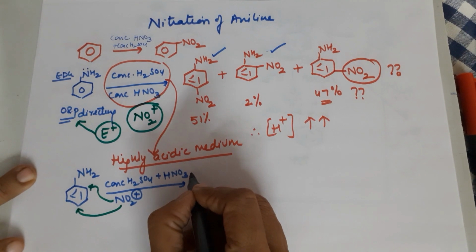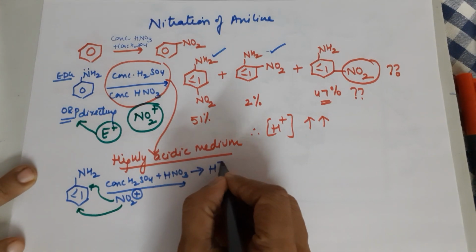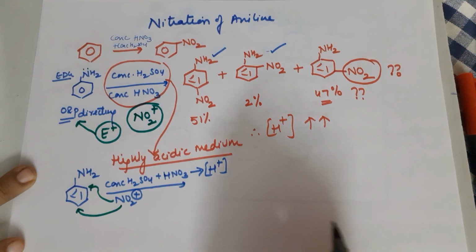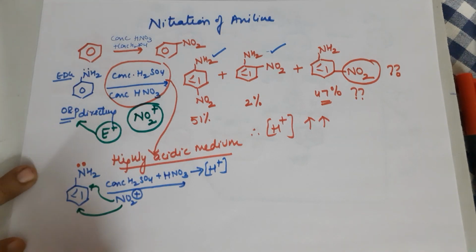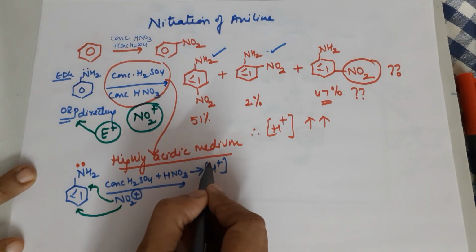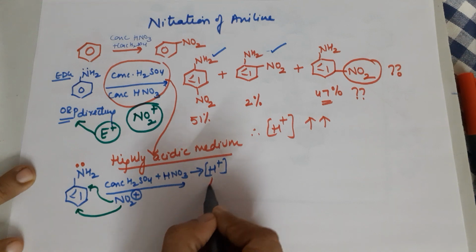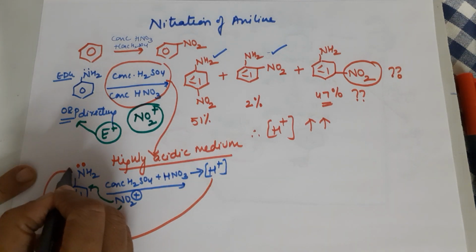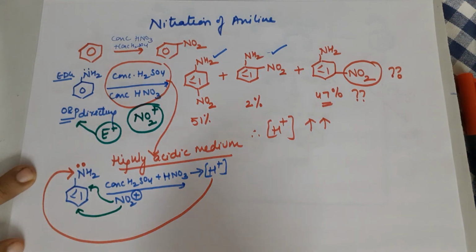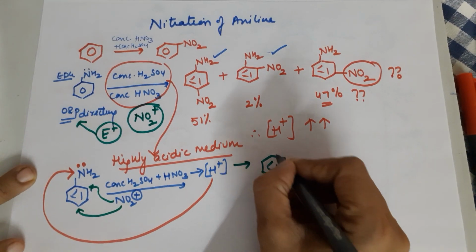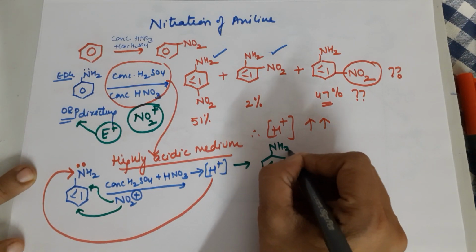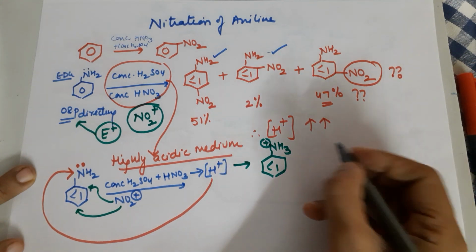But this also liberates a lot of H positive, and this H positive goes and attacks onto the lone pair of aniline also. So your H positive goes and attacks the lone pair on aniline. So what happens? Aniline की जगह पर you end up in NH3 with a positive. What is this?